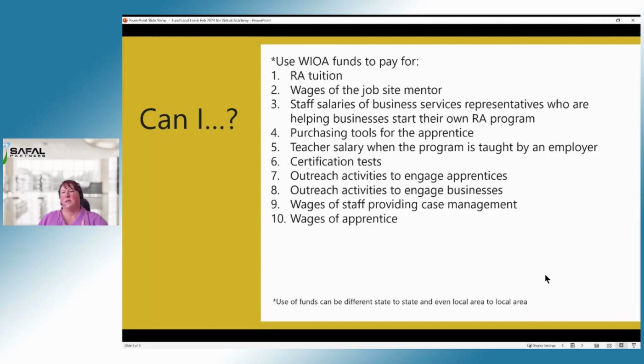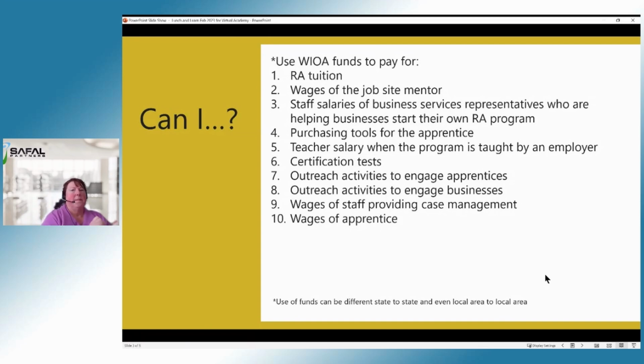It shows up as just a WIOA training and activity, not as a quote co-enrolled with registered apprenticeship and WIOA. I know that's confusing. Hang on, because we will be doing some training very specific to this, walking people through all the little boxes that if you check them, then it'll show that you are training people with WIOA funds in registered apprenticeship.